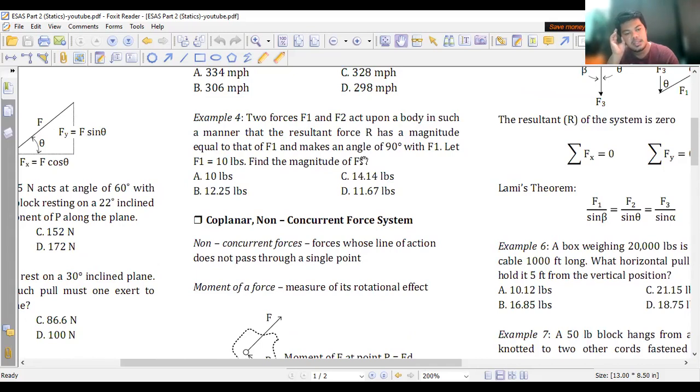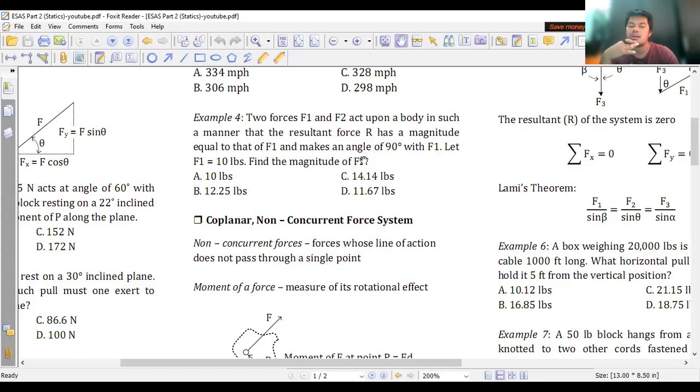But the resultant force FR is given to be the same as F1, meaning to say the resultant force is still 10 pounds.